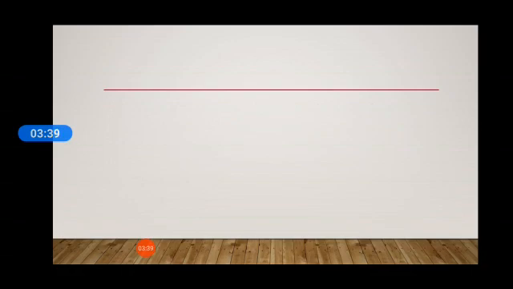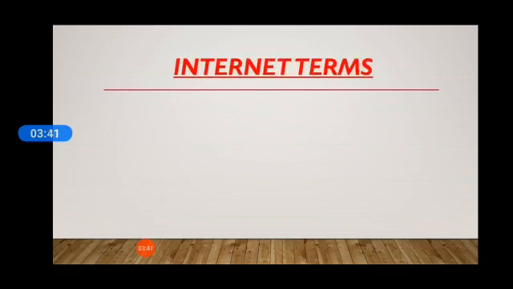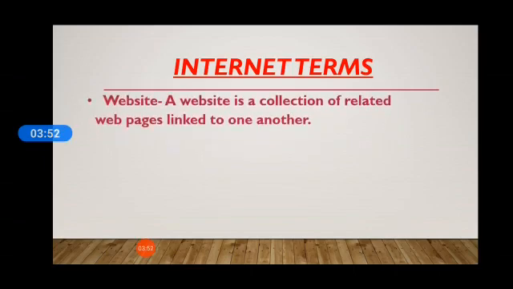Now children, we will see the next topic, that is the internet terms. In these internet terms, we have many words which are directly related to the internet. Let's see, first one is website. Website means the collection of related web pages which are linked to one another, or we can say the information available on the internet is in the form of websites and web pages.